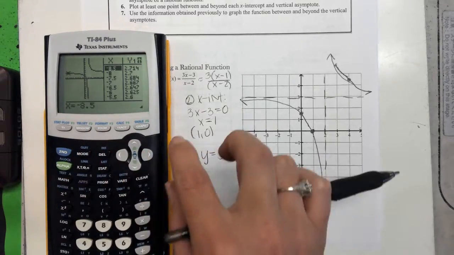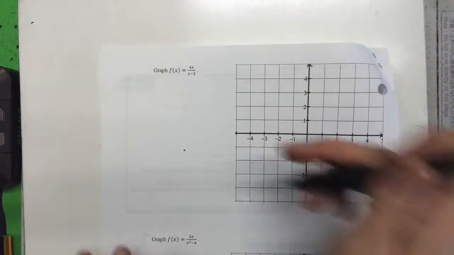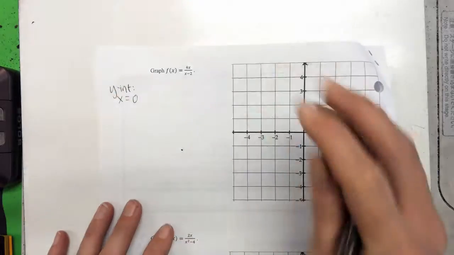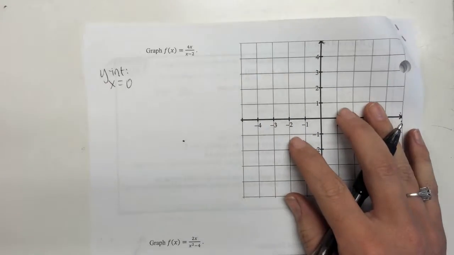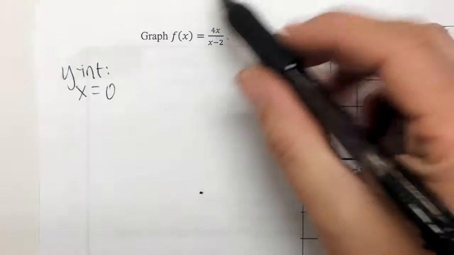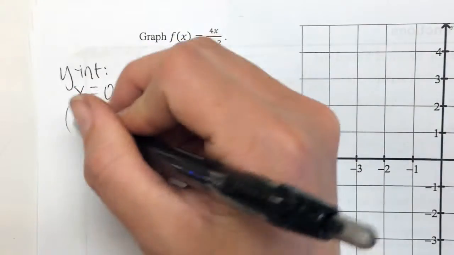Alright, let's try another one. Start with the y-intercept, set x to 0. So if we set x to 0, I'll get a 0 on top. Doesn't matter what I get on bottom, it'll be 0.